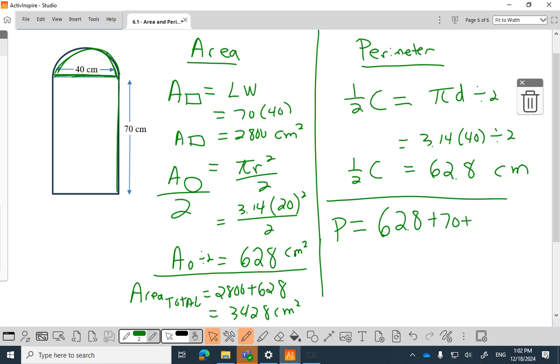And this side, one 40. Then this side is 70 again. So I get 242.8. What are we talking about here? Centimeters.